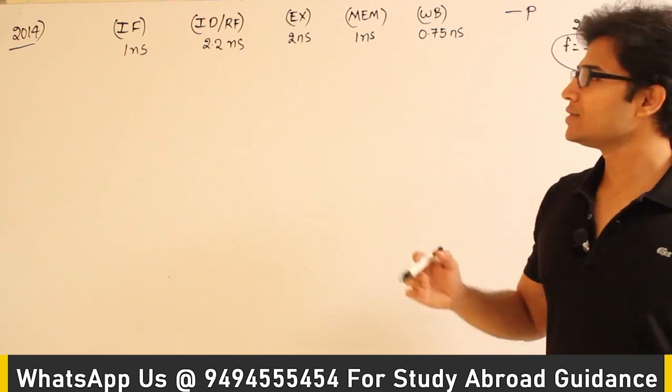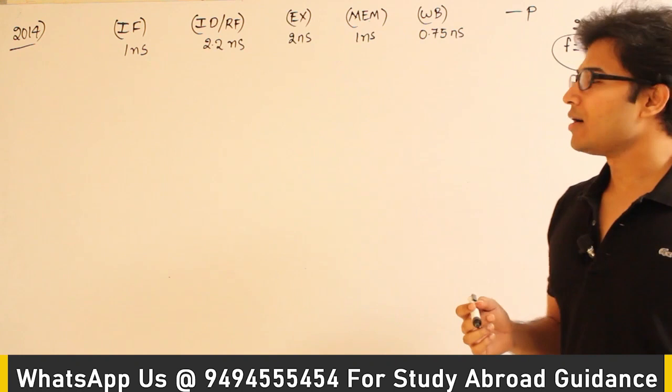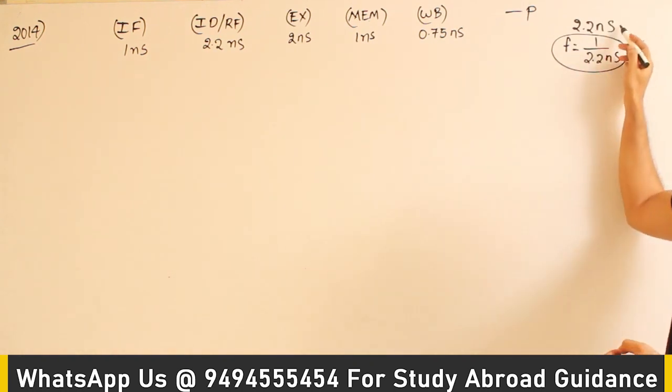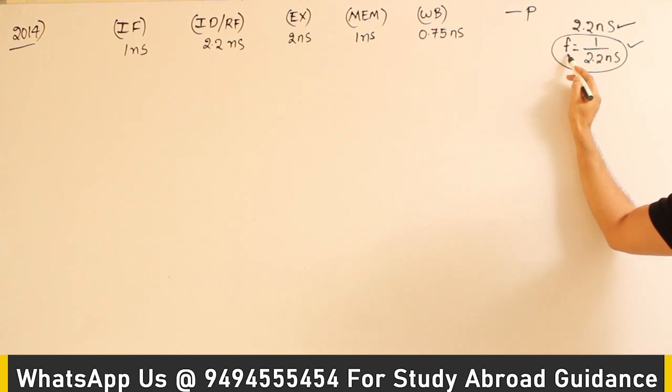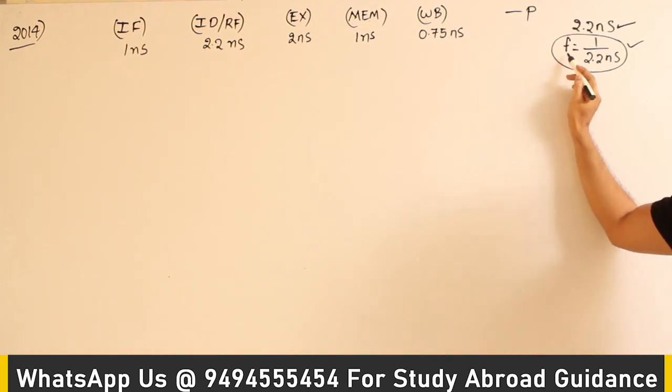In order to increase the performance of this pipeline, they are trying to decrease the time period of the clock, by which they are trying to increase the frequency of the clock. As you increase the frequency of the clock, if there are no stall cycles, you are supposed to get better performance, because as you increase the number of clocks per second, you will be executing more instructions per second.